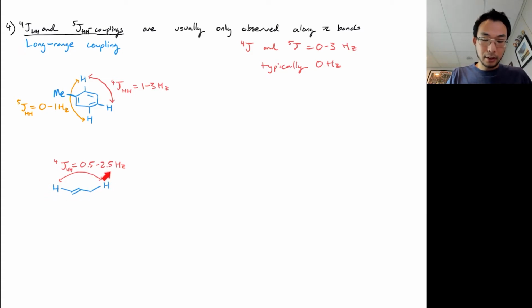That comes in at a relatively low J coupling value, between 0.5 and 2.5 Hertz. Usually observable, in part due to the trans nature increasing J values. That's in contrast to the cis groups here. When these are cis, the J value is a little bit lower, more like 0 to 1.